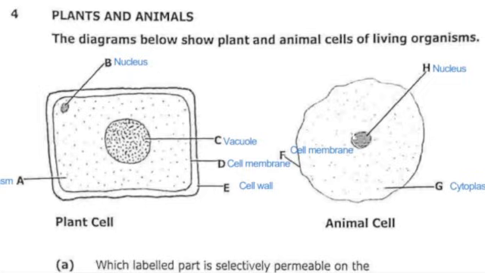Basically these are the first two distinct differences in parts. So we can pick one of the two. We can say plant cell has a vacuole, while animal cell does not have one.